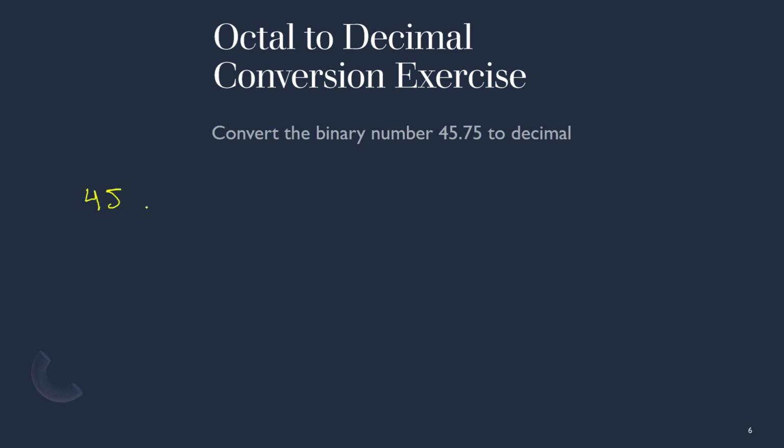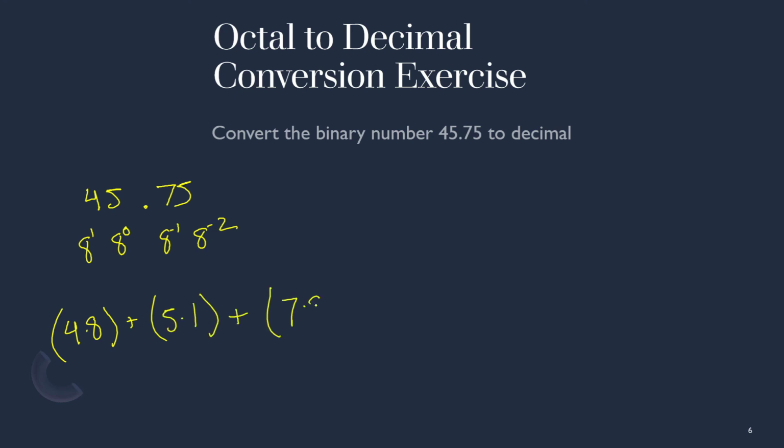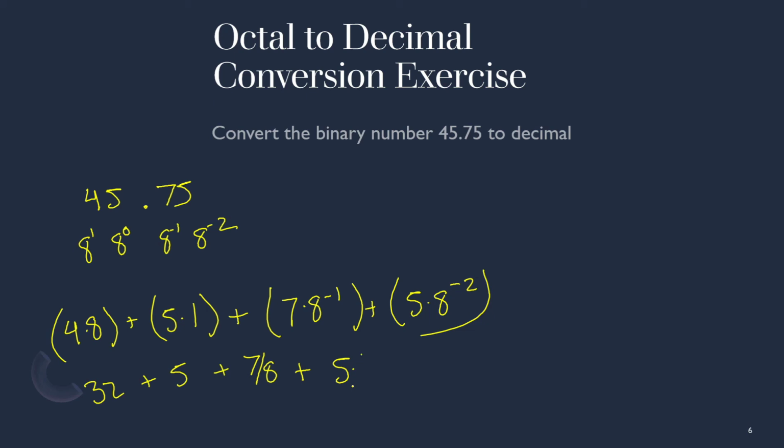So we have 45.75. Of course, the origin is right here after the decimal: 8 to the 1, 8 to the negative 1, and 8 to the negative 2. So it's 4 times 8 plus 5 times 1 plus 7 times 8 to the negative 1 plus 5 times 8 to the negative 2. What we're looking at is 32 plus 5 plus 7 over 8 plus 5 over 64.